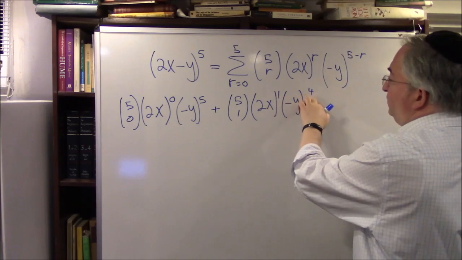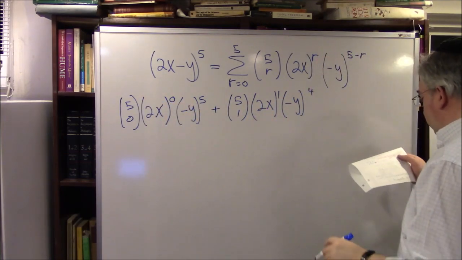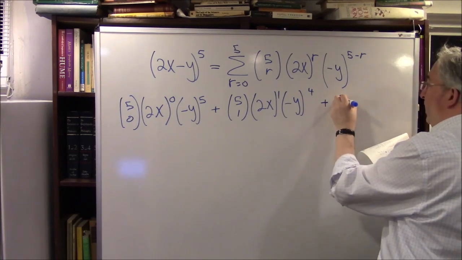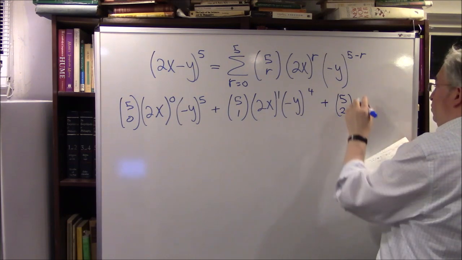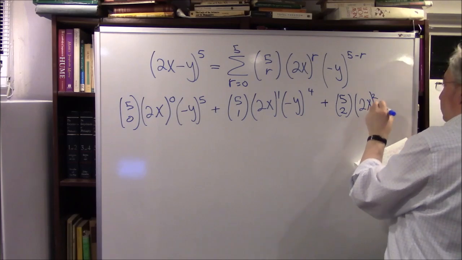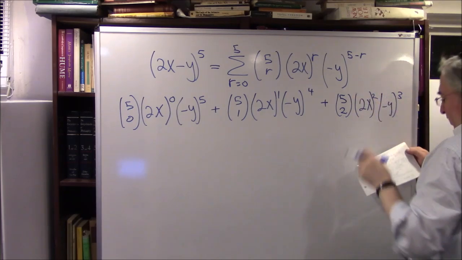Okay, 1 plus 4 is 5, 5 plus 0 is 5. We're always going to get 5 there. Plus 5 choose 2, 2 to the x to the squared power, times minus y to the 3rd power. 2 plus 3 is 5.